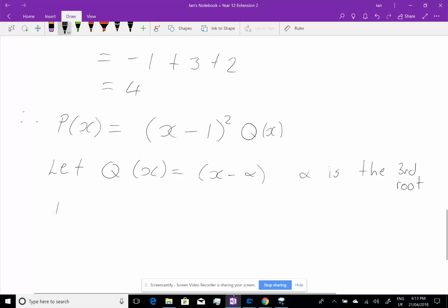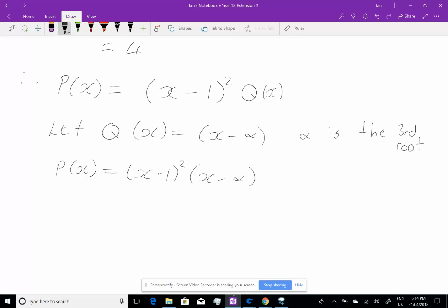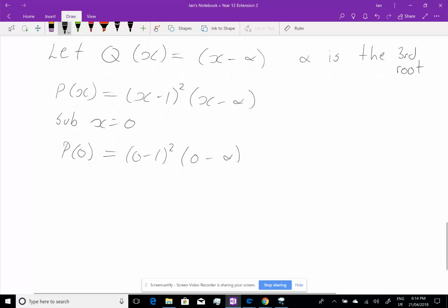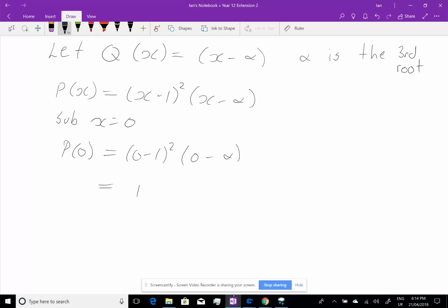I know P(x) is (x minus 1) squared times (x minus this other root). Okay, well, let's sub x equals 0. And P(0) gives me (0 minus 1) squared times (0 minus alpha). That'll give me 1 times negative alpha, which is negative alpha.